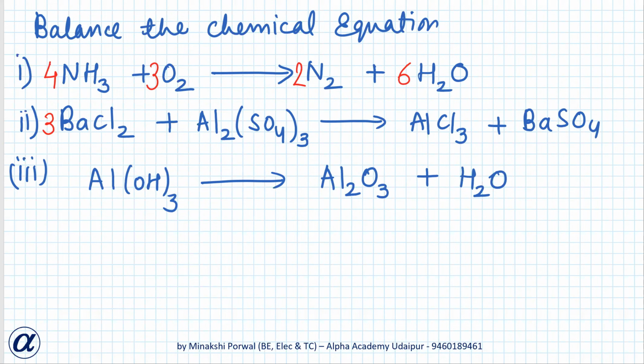Okay. Next one, who will say? Yes, Nirviksha. Ma'am, 2Al(OH) whole thrice gives Al2O3 plus 3H2O, the rest as it is.